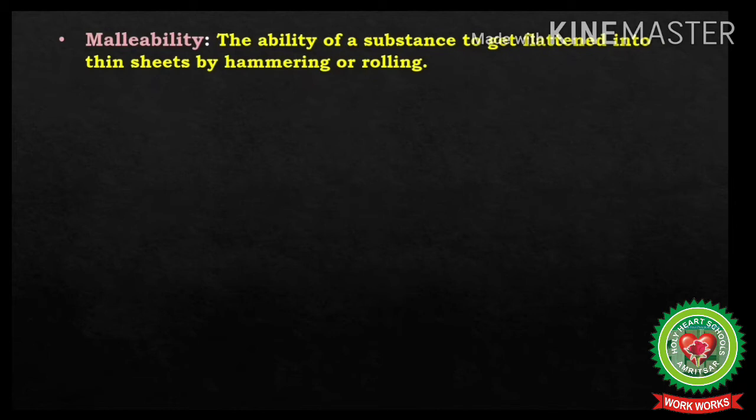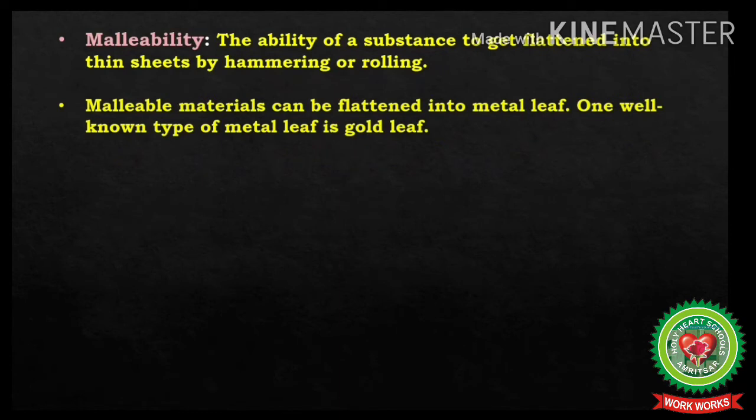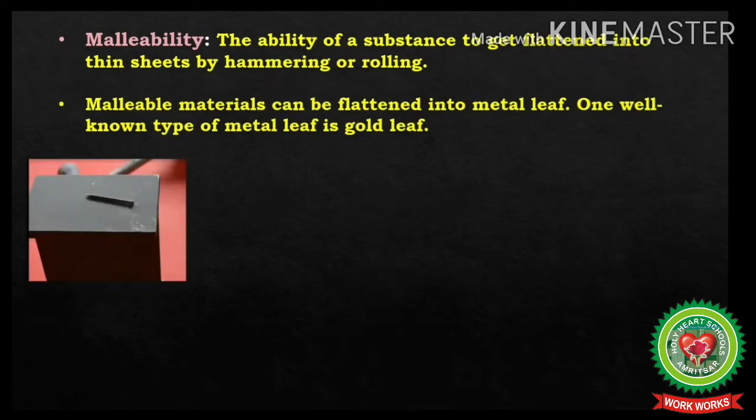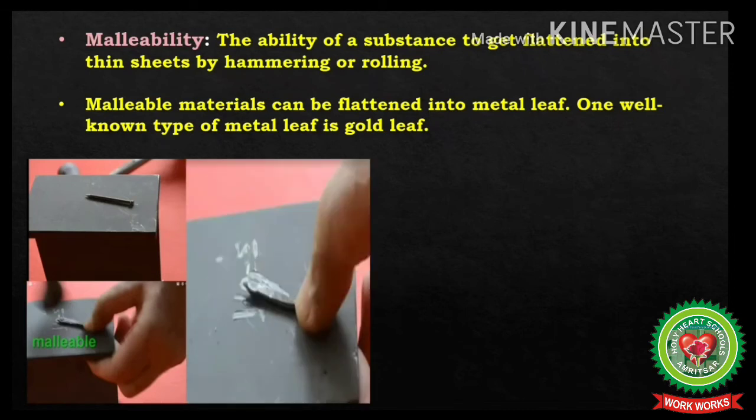Next term is malleability. Malleability is the ability of a substance to get flattened into thin sheets by hammering or rolling. So malleable materials can be flattened into metal leaf, and one example is gold leaf. These pictures show the ability of metal to get flattened, that is malleability of the metals.